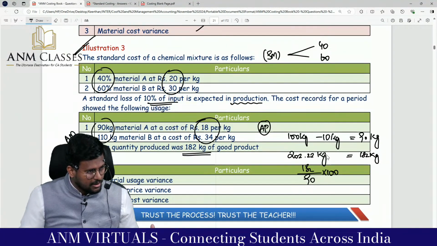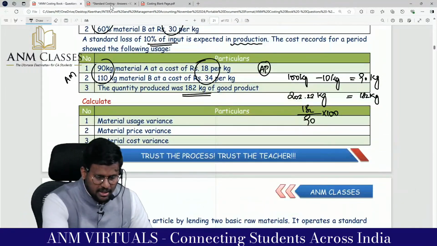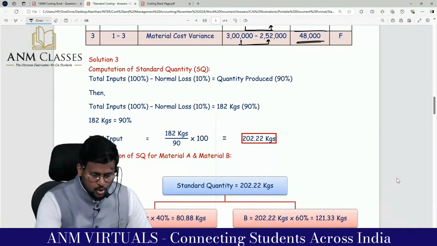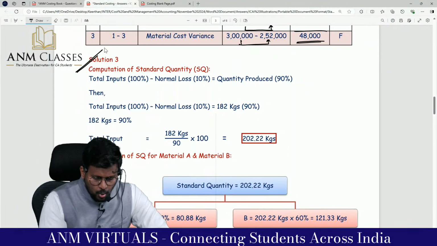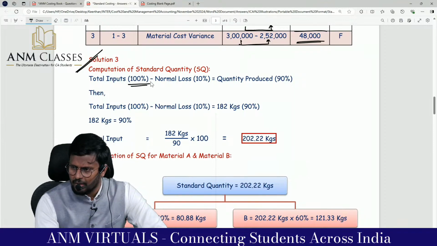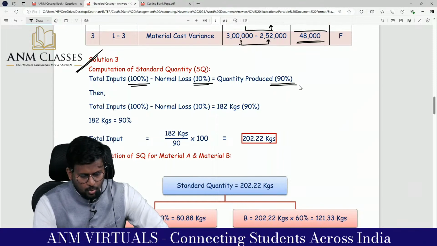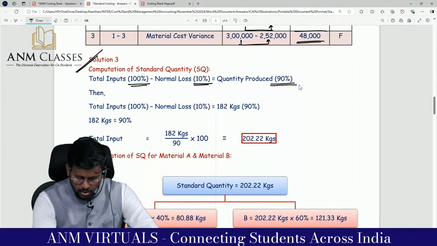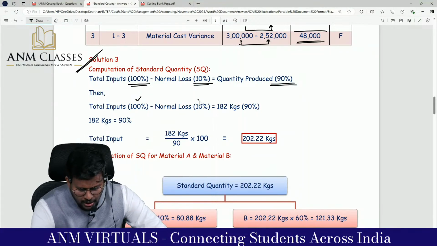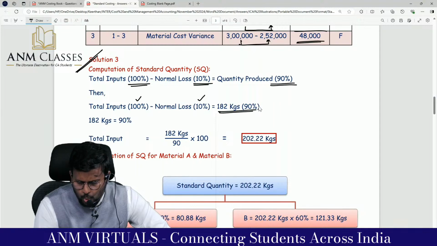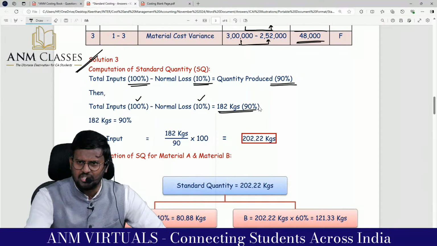Calculate material usage variance, material price variance and material cost variance. So first, computation of standard quantity. Total input is 100 units; if normal loss is 10 units, then 182 kg comes out. That means 182 kg is 90%.